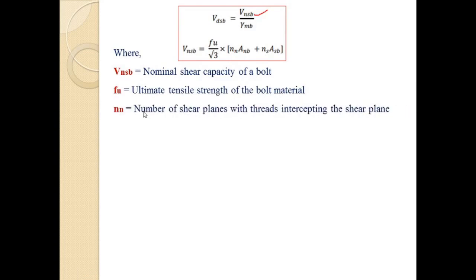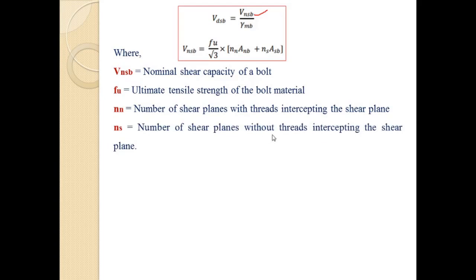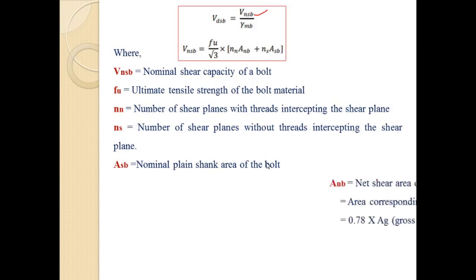Nn is the number of shear planes with threads intercepting the shear plane. If the shear plane is in the threaded portion, then we take Nn equal to 1. Next is Ns, the number of shear planes without threads intercepting the shear plane. ASB means the nominal plain shank area of the bolt.